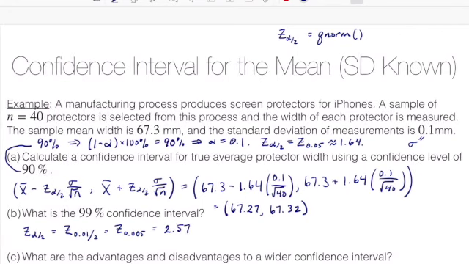And so we end up with an interval of 67.25 up through 67.34. And of course, this is approximate. There's some slight rounding. Now, if you compare these two intervals, the 90% and the 99%, you'll notice that the latter, the 99% interval, is wider.